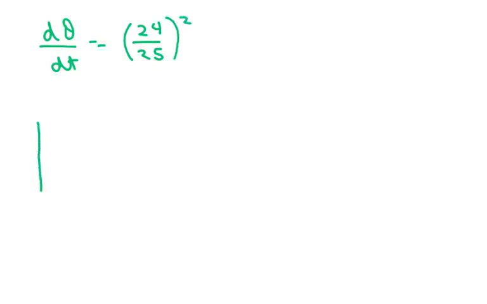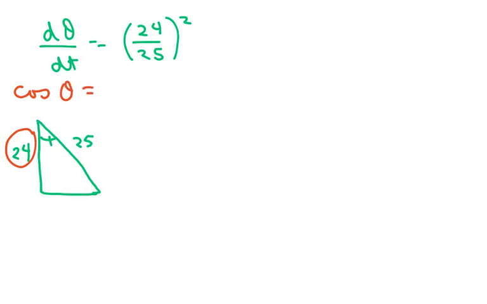Okay. Remember, this is our angle. This is 25, and this is our adjacent. So cosine of angle is adjacent over hypotenuse. So that's where we're getting that.